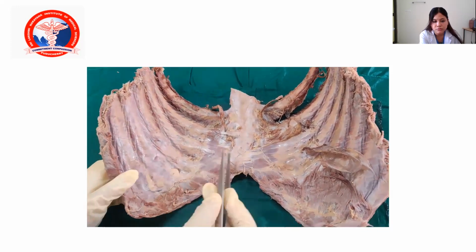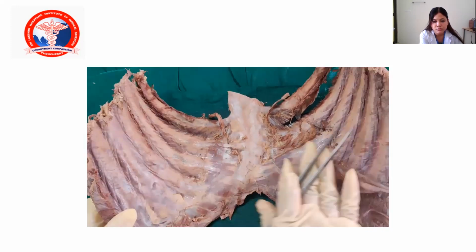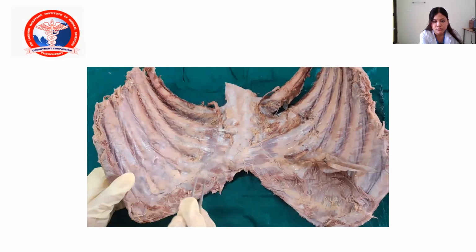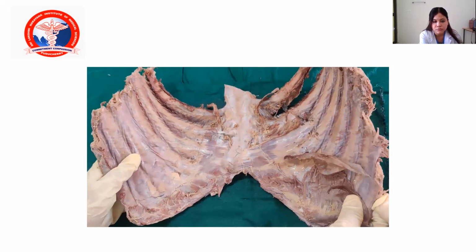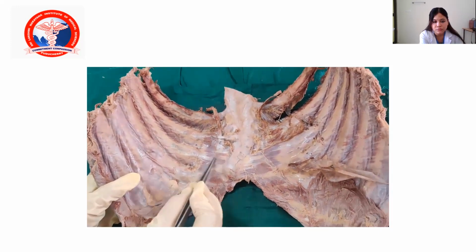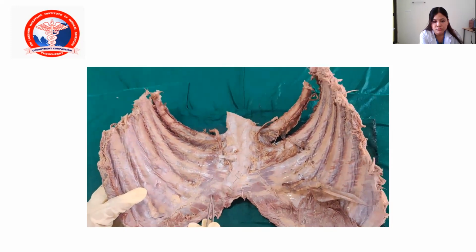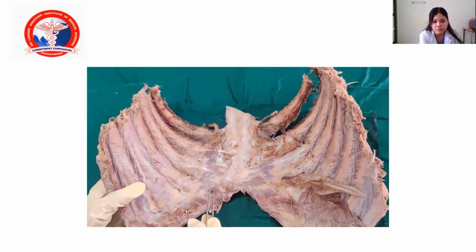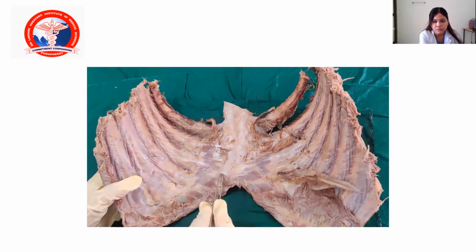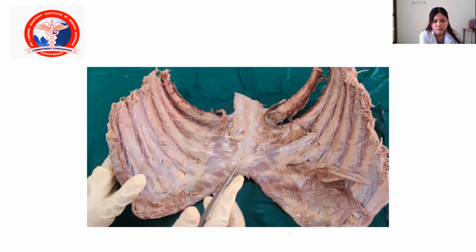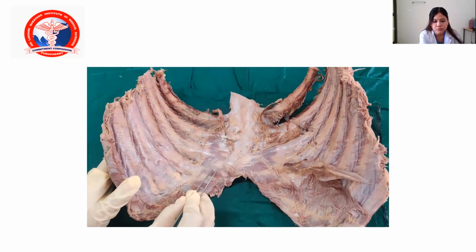So here you can see the inner or the internal part of this thoracic wall. This is already the dissected part. So here you can see this muscle. I hope it is visible nicely. So this is actually the sternocostalis muscle. The sternocostalis muscle is present in the anterior part.